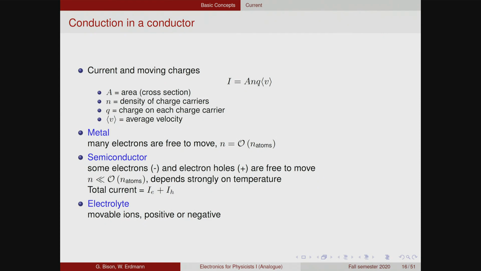So actually it's a spot where an electron is missing, which is effectively a positive charge that moves. They are free to move, but the number of charge carriers is much, much smaller than the number of atoms, and there is a strong dependence on temperature. And then, of course, in an electrolyte, in a liquid, you can have some movable ions. They can be positive or negative, but of course also a much smaller density of charge carriers than in the metal.